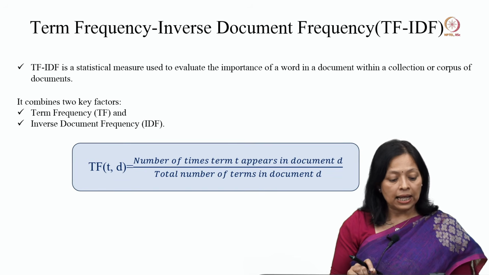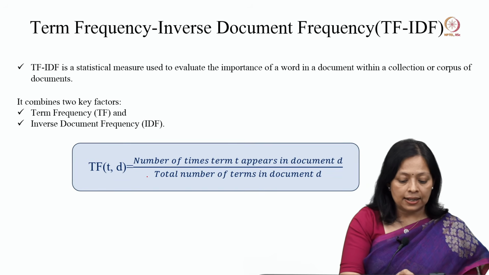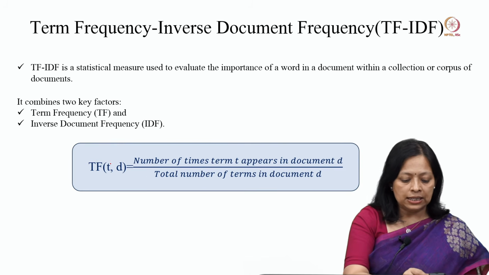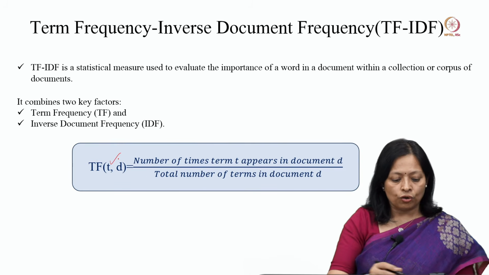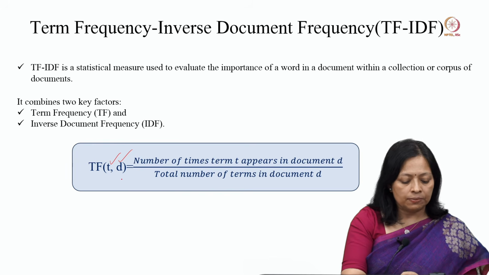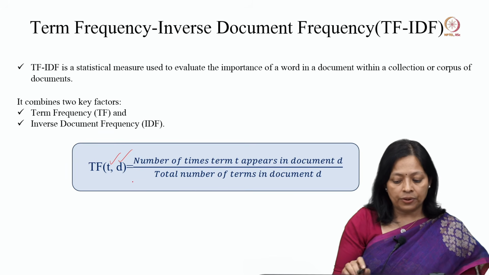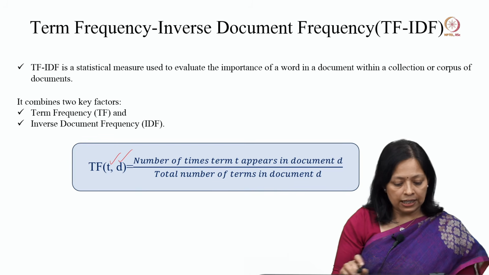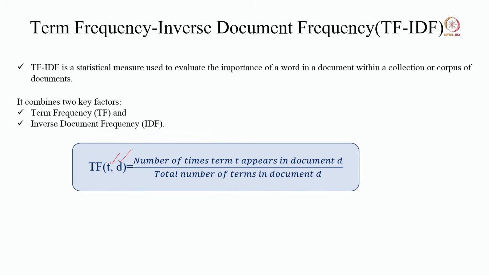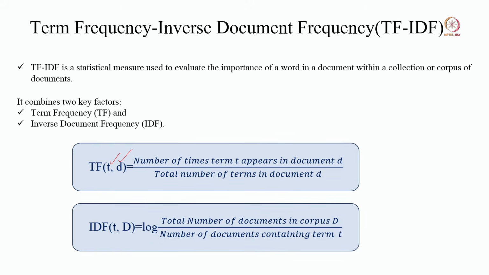Term frequency is defined as the number of times the term T appears in the document D. So, term frequency TF(t, d) means the number of times the term T appears in the document D divided by the total number of terms in document D. Okay. That is the definition of term frequency. Then we have the inverse document frequency, or IDF(t, D).